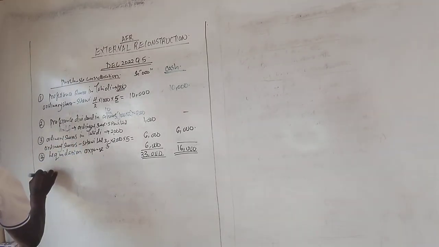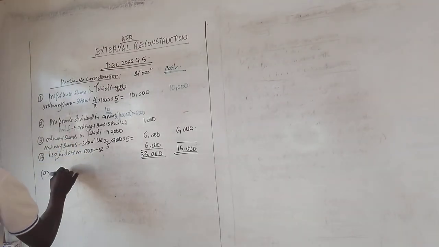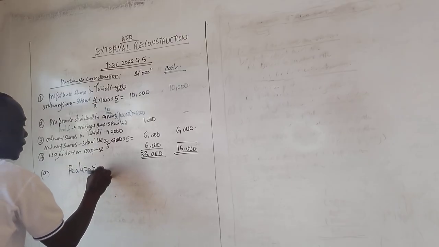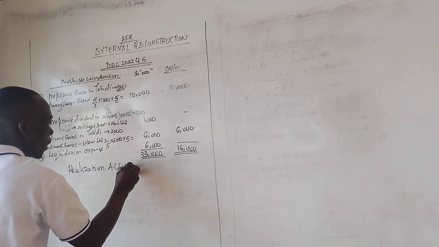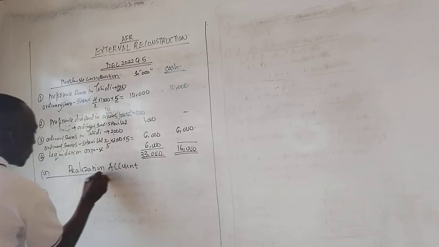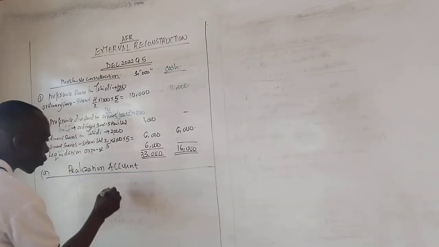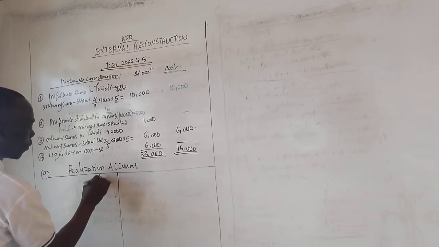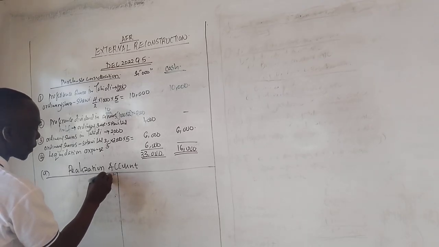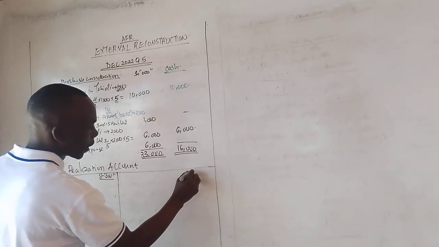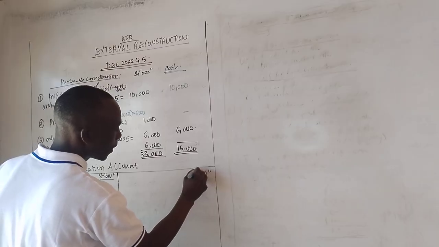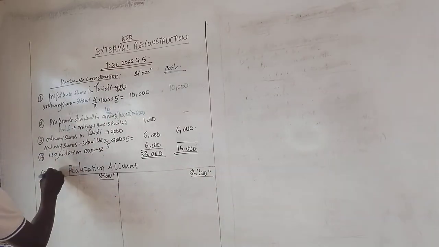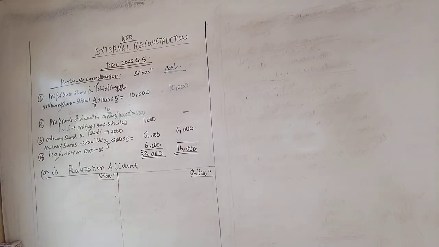So part A, they need us to prepare the realization account, and this is one of the accounts used to close off the books. Remember, it's a requirement. Our shillings are in thousand. Then this is Roman 1, realization account.